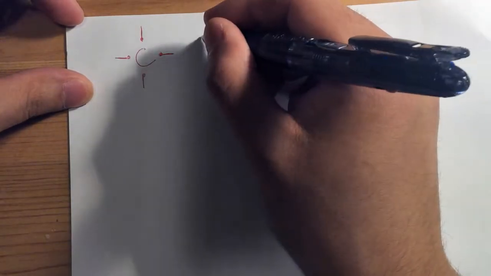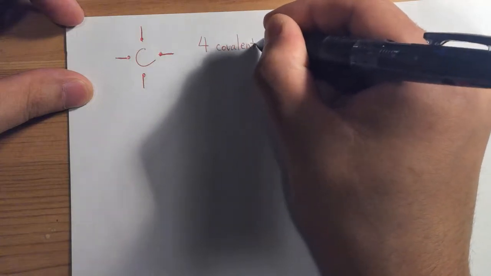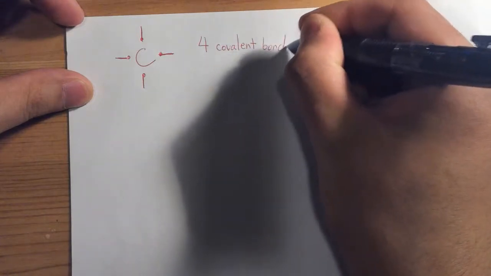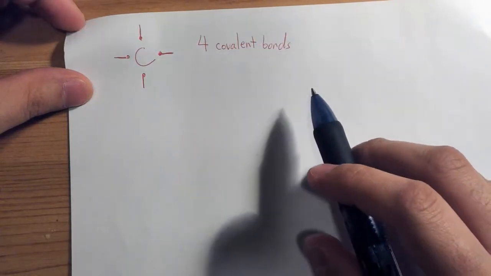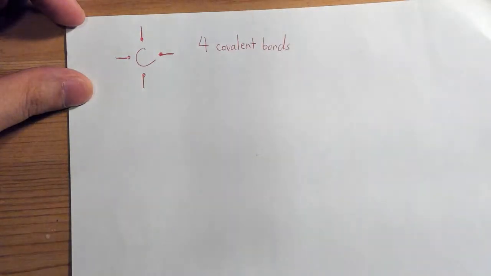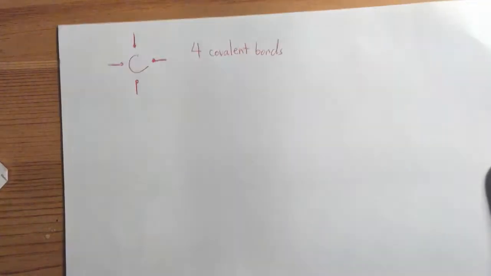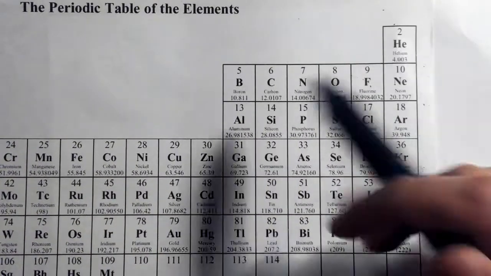So that means there's going to be 4 covalent bonds. Okay. Another way is that if you look at the periodic table, it should mention here on the periodic table. So you see a C.